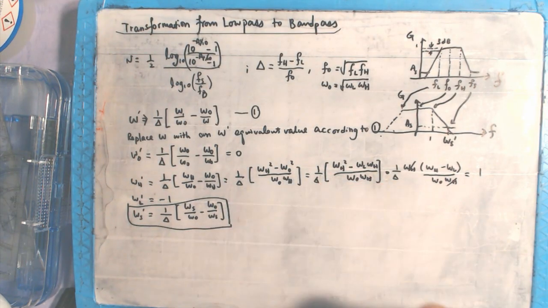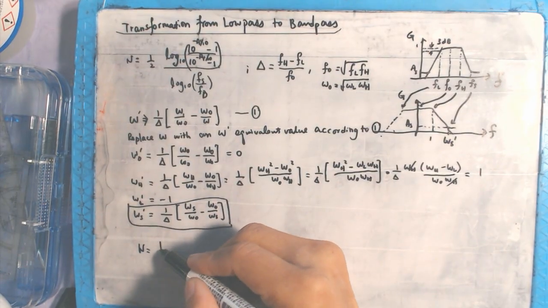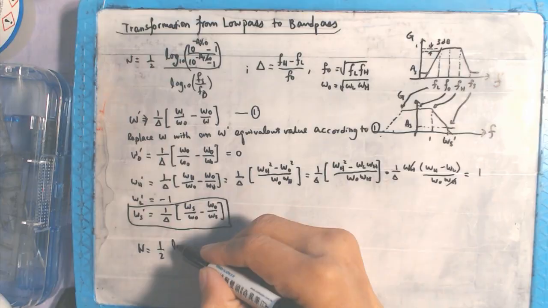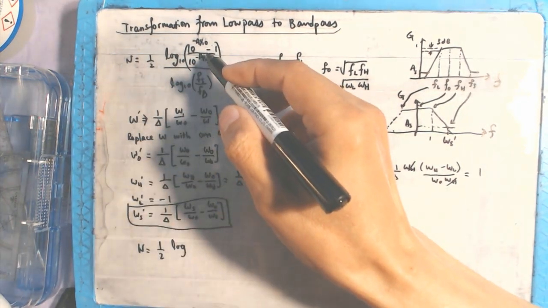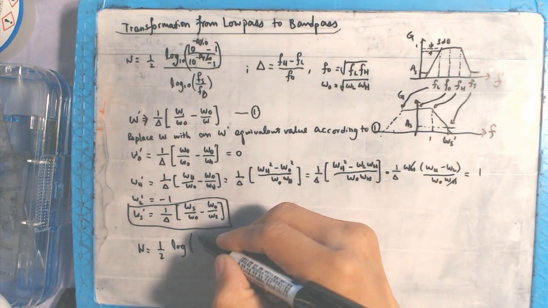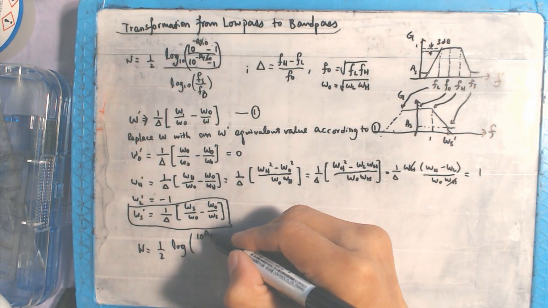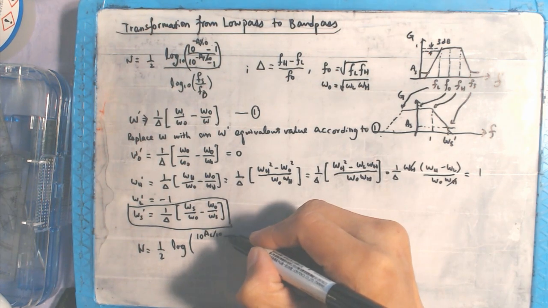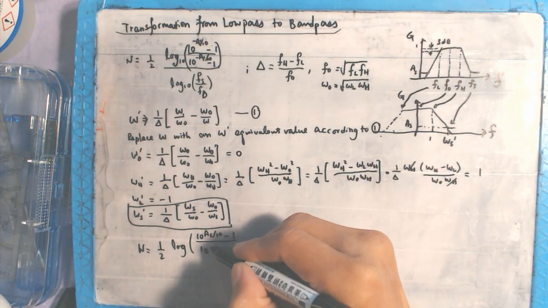So if you use this formula, then N will become log, and remember A of the pass is minus 3. So it will become 10 to the power of AS divided by 10 minus 1, and then here it will be purely numerical, 10 to the power of 3 divided by 10 minus 1.